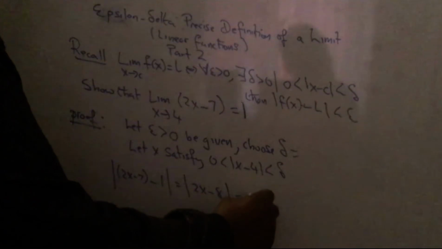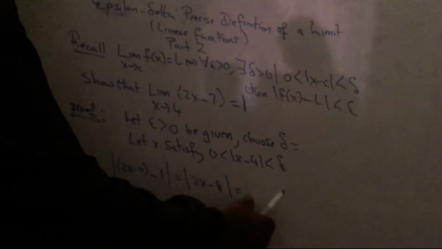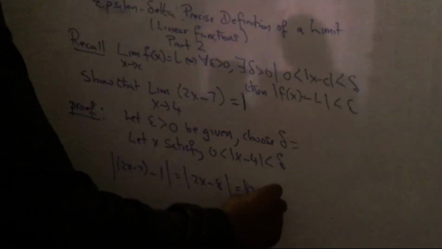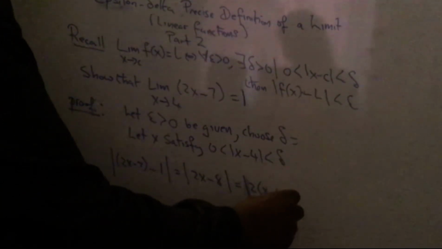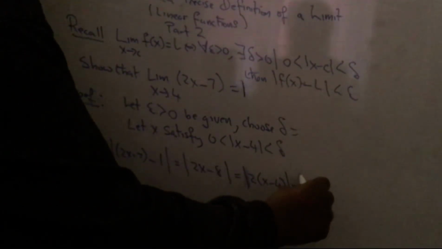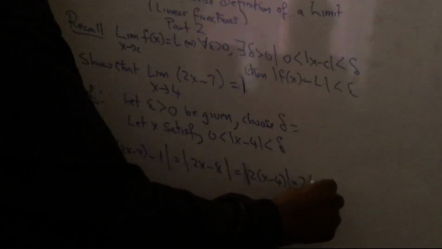Then we can factor out the 2. So we've got 2 times x minus 4. Continuing simplifying, we can now write that as 2 times the absolute value of x minus 4.